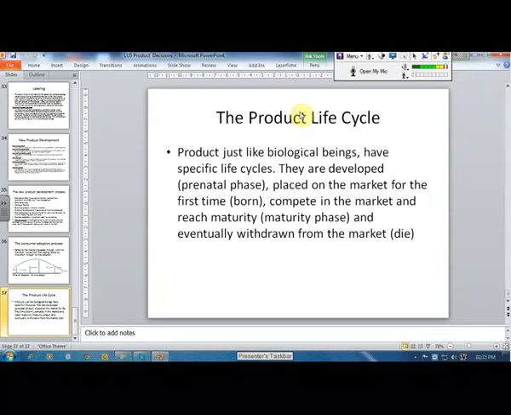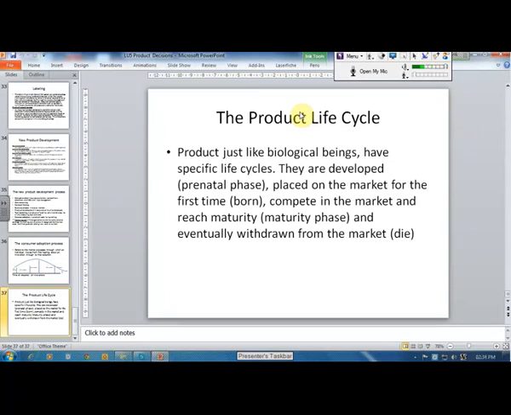And finally, it is eventually withdrawn from the market. Why? Because it's no longer moving, it's no longer selling, and it is now old, it is now tired, and the only way is that it must die, and hence it must be removed from the market. So these are some of the decisions that are made within an organization.